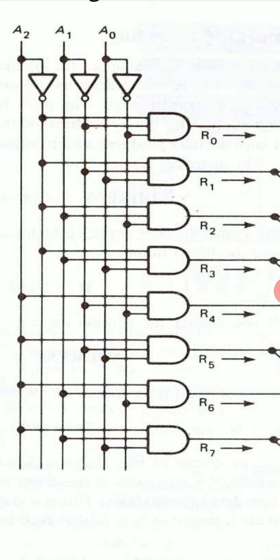So we have A0 and the other two pins A2 and A1 are 0, 0. So we use their complements. And in a similar manner we can see what will be the inputs of different AND gates of different registers.